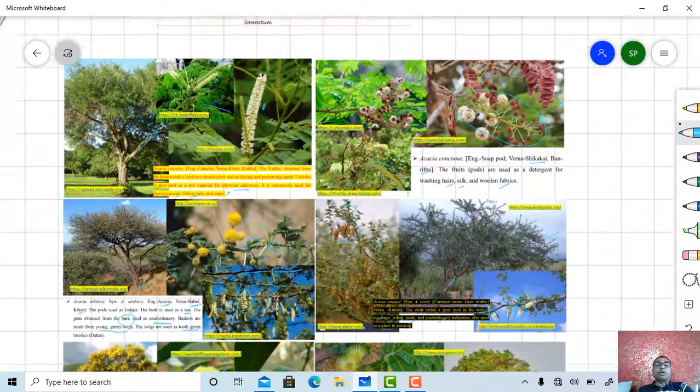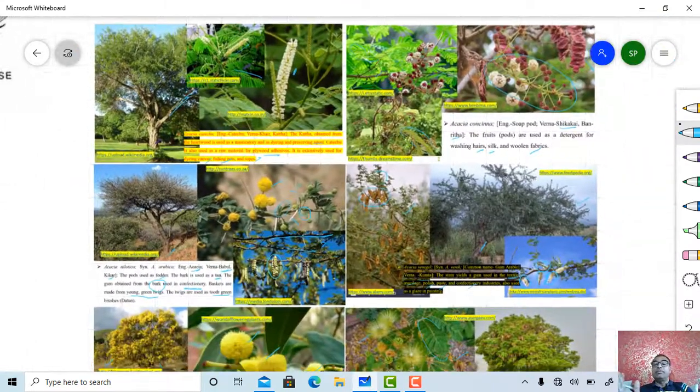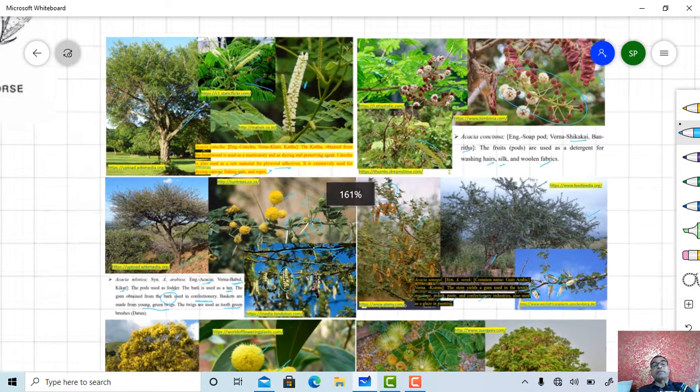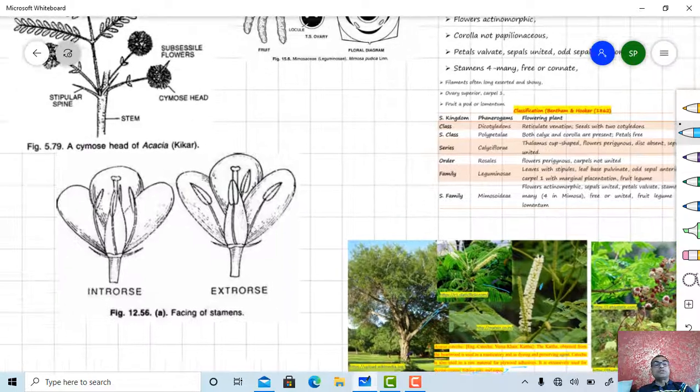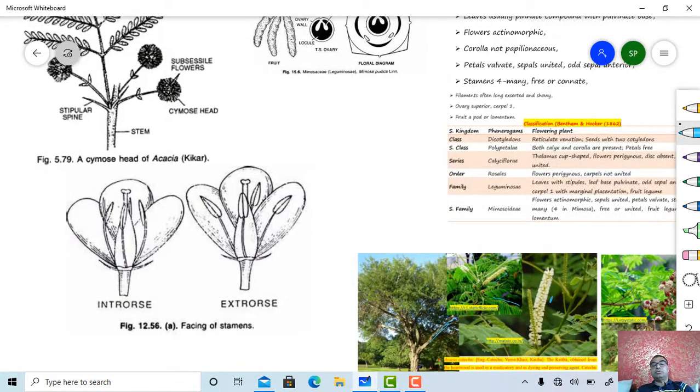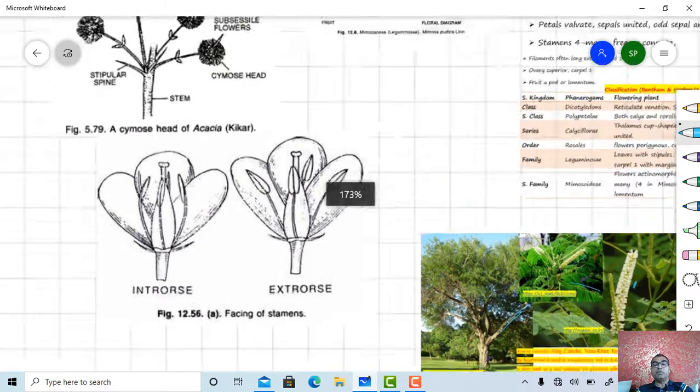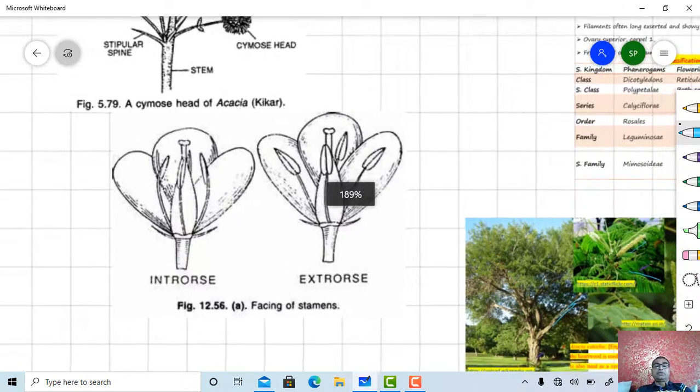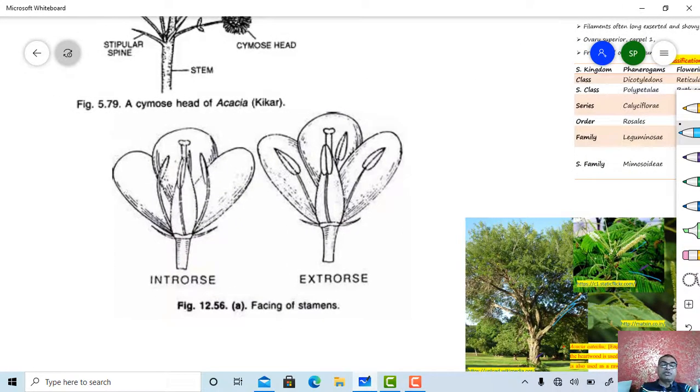So these are some plants. On the basis of these plants, we will discuss the family Mimosaceae. Just see here some of the figures again. These are the facing of stamens. This one is an introrse stamen, and this one is an extrorse.